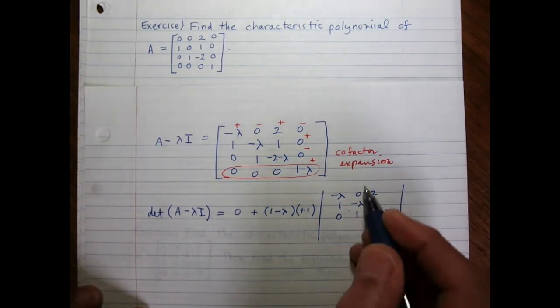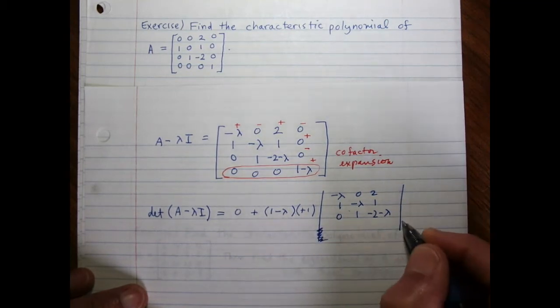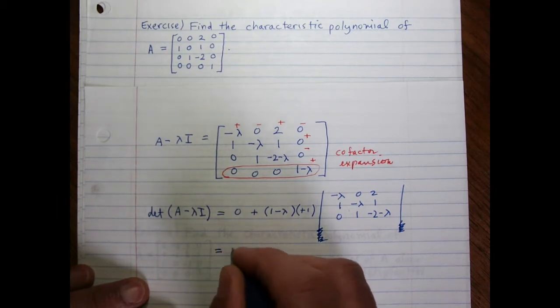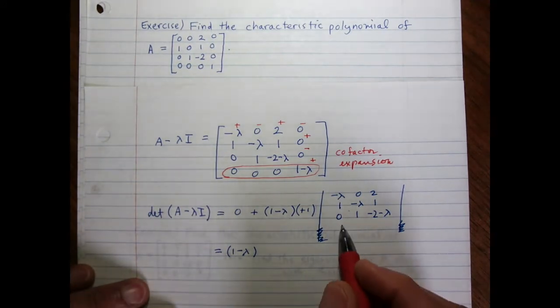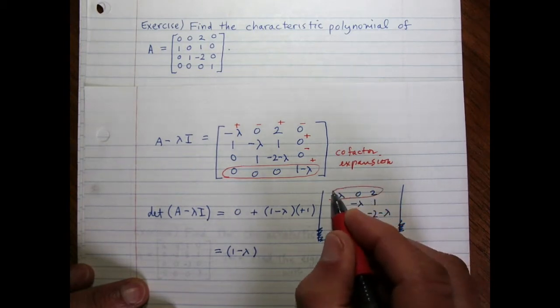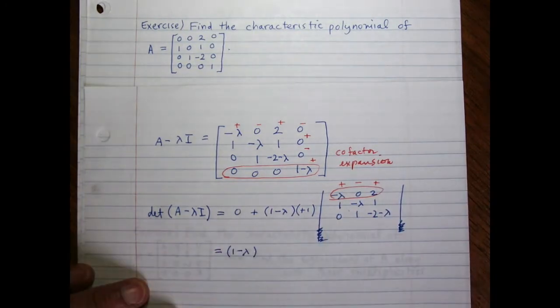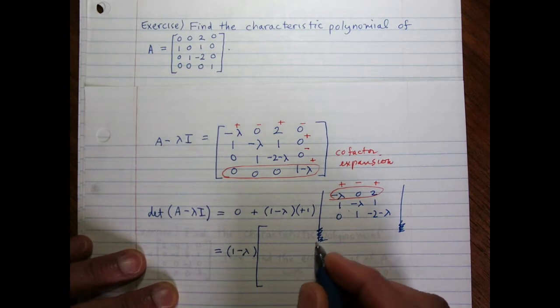And so I have a 3 by 3 determinant that I need to calculate here. And so let's go ahead and do it. So I've got 1 minus lambda in front of, now my situation is not as nice as before. Maybe I'll just expand along this first row. So I've got to remember to take 1 minus lambda times everything I get here.